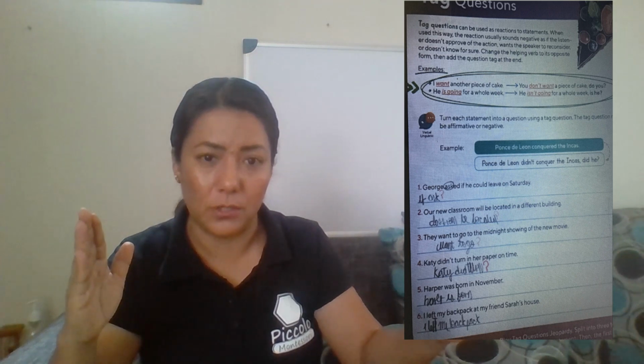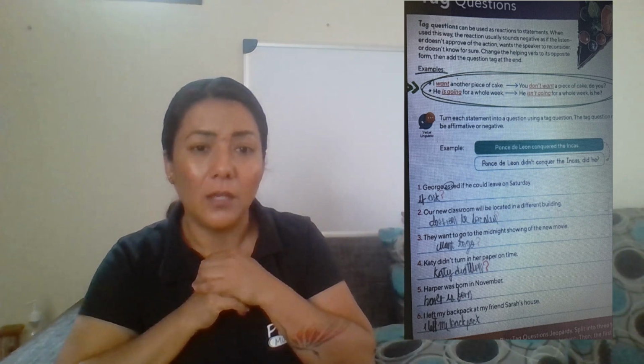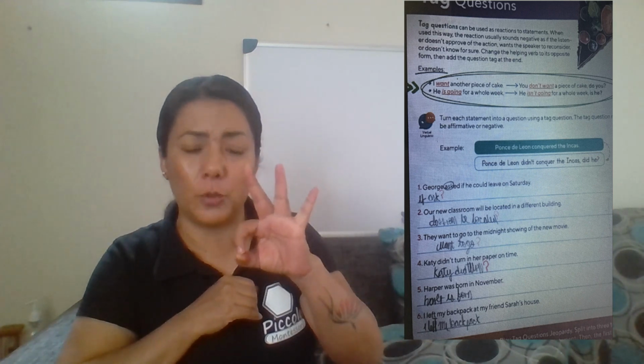If you don't remember that, you have options. Watch the video for tag questions again, the video class. That's option number one. Option number two would be check your book for information, examples, notes. Or option number three, investigate about it.